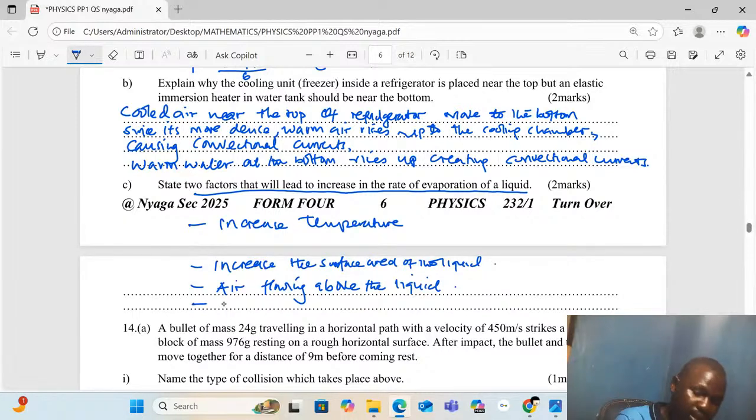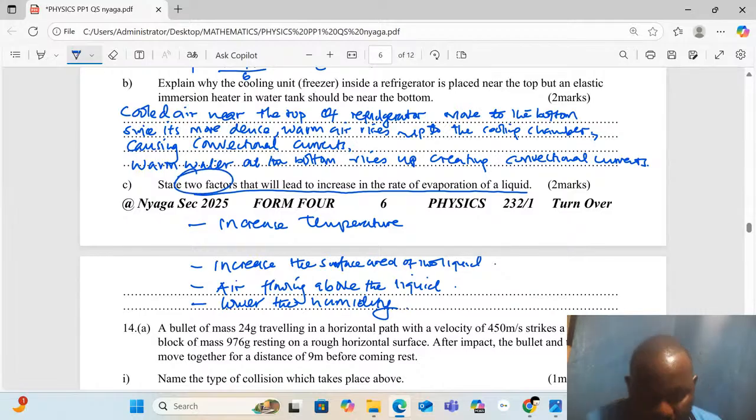And in case we lower the humidity, but now a question that is styled, state two factors, then you should only state two. The reason is because if you get the first two answers wrong, and the third and the fourth become correct, you will be awarded 0.